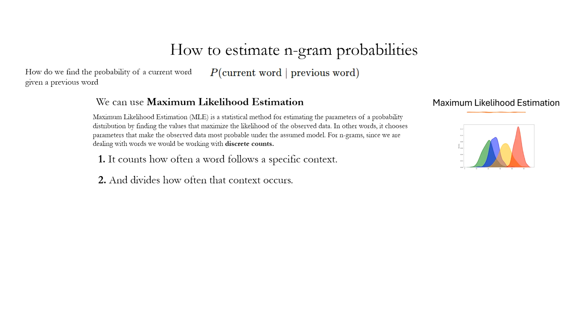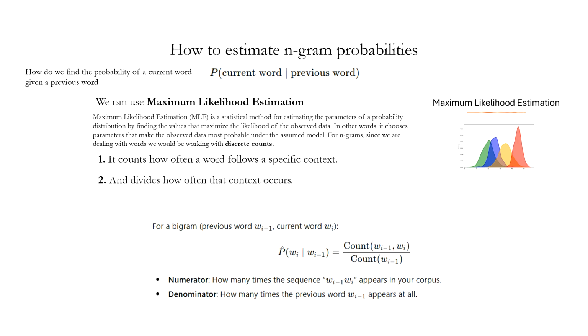There I cover, I think, exponential, normal, binomial distributions, and so forth. So if you're interested in a deeper dive into maximum likelihood estimation, you can check that out. So let's continue.